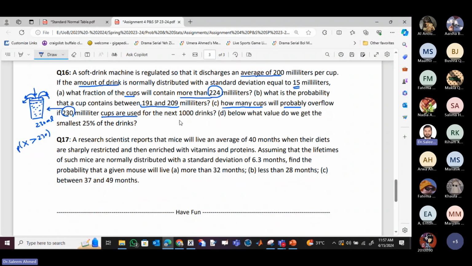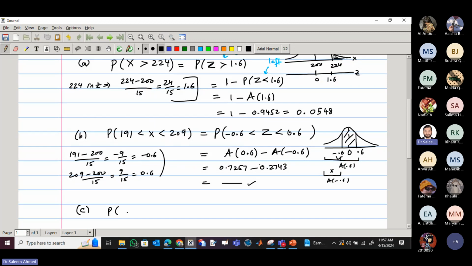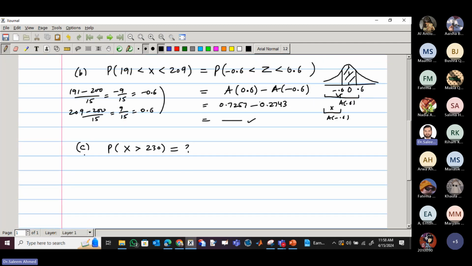And out of the next 1,000 drinks. So I will first find the probability that it will flow over 230. And then how many cups? He said how many cups will overflow. So we are considering 1,000 cups. So we will multiply that by this probability. This is the probability of overflowing multiplied by the total number of cups. So this will give you the number of cups that will overflow.